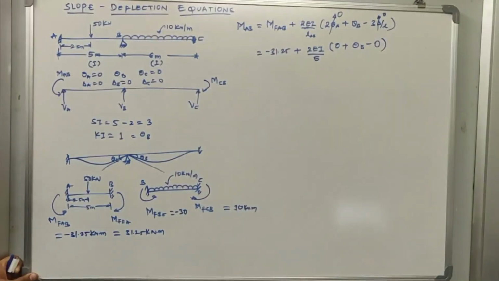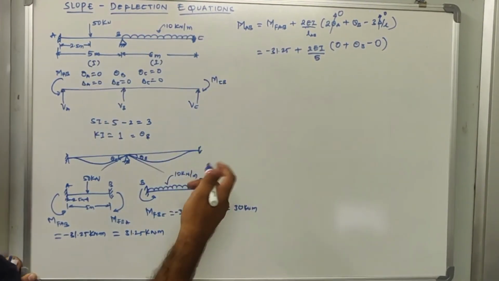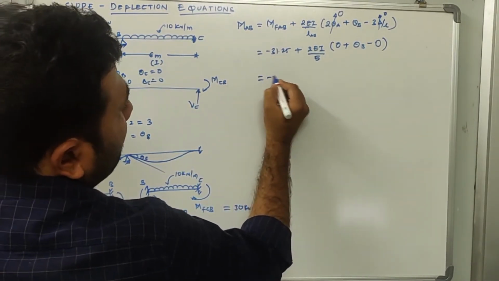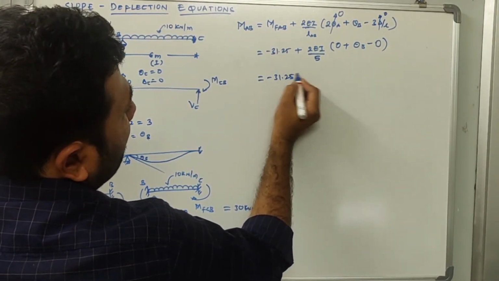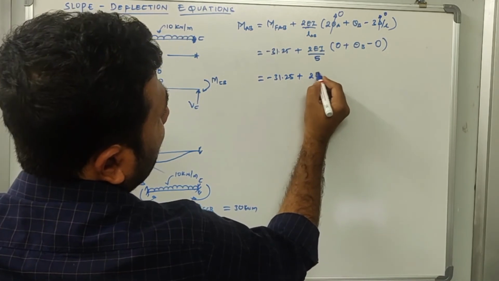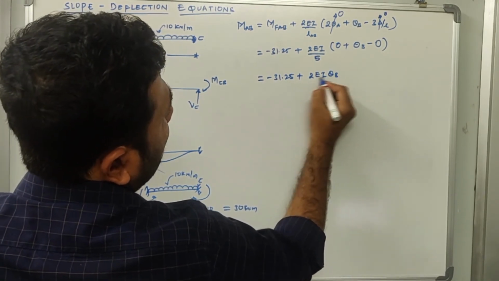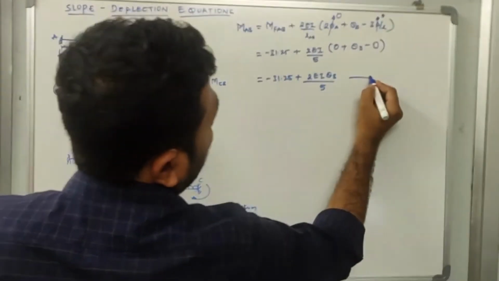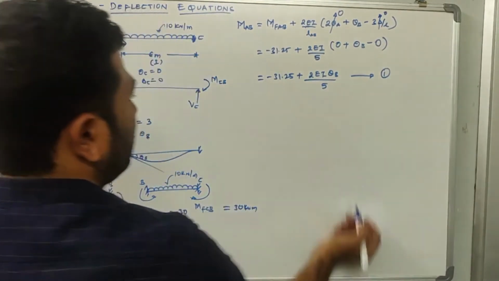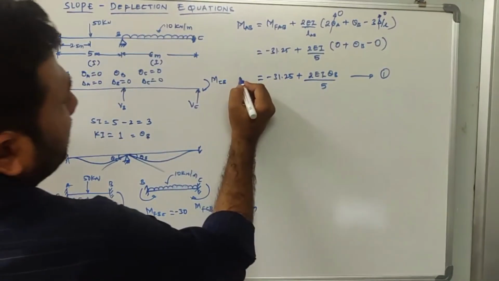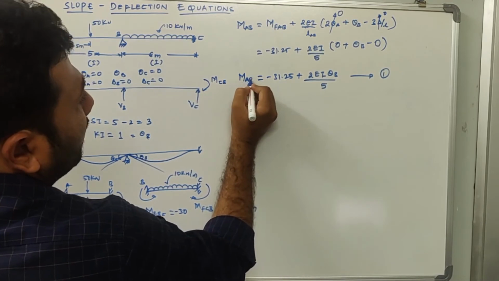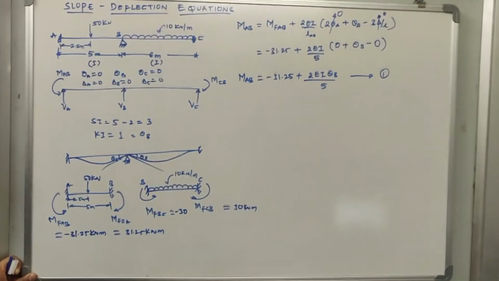This is the equation after substituting all the values, right? So now the equation is minus 31.25 plus 2EI theta B divided by 5. Let me call this equation 1. This equation is for calculating MAB.